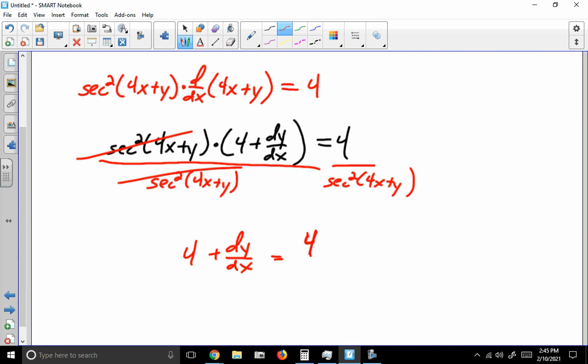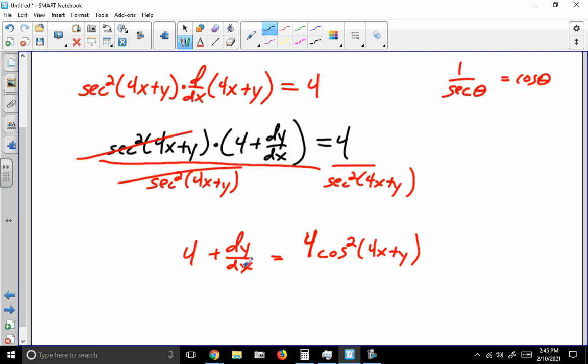We could leave that secant squared on bottom, but remember that cosine is 1 over secant. So 1 over secant squared is equivalent to cosine squared, leaving our input.